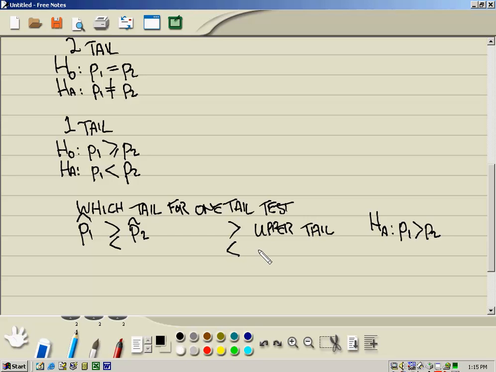If it's a less than, it's a lower tail. And the alternate in that case would be p1 less than p2. So a similar sort of process as before. Alright, that's basically the information that we'll need to do these two-sample tests on proportions. We'll stop here for the introduction.